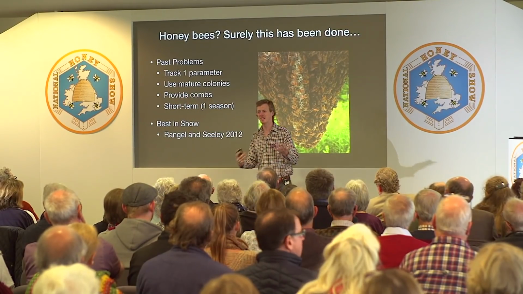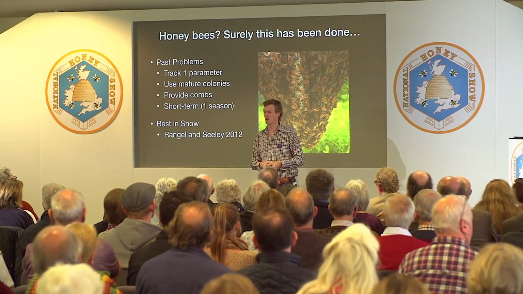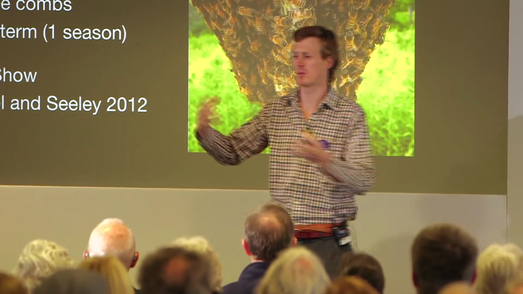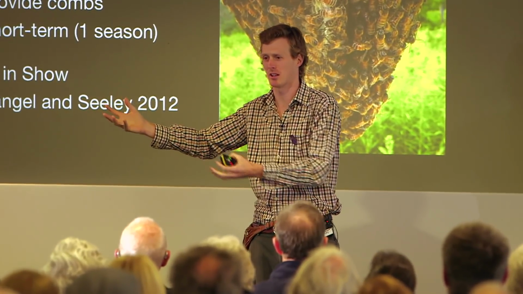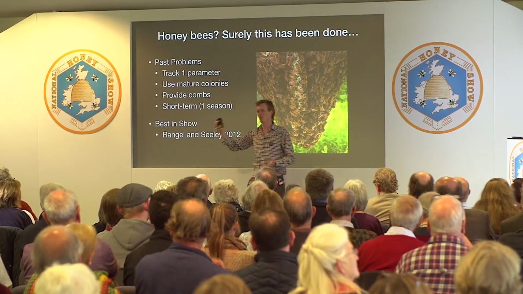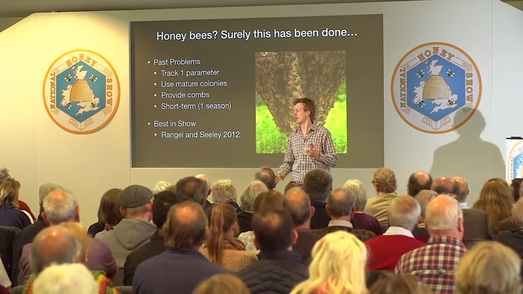So it's not really a connection in the natural biology of a honeybee colony. Because we can understand that the number of workers is also going to be related to how much honey the colony can collect. Does that make sense? The problem is that you're just tracking one parameter, and if you do that, you can't see how these different things are related to each other.